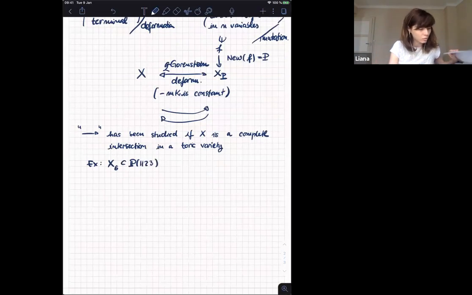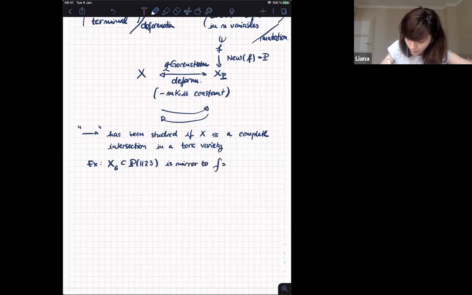And I'm just going to shamelessly throw out what the Laurent polynomial mirror to this is. So this is mirror to this F, which is (x + y + 1)^6 over x^2 y^3.